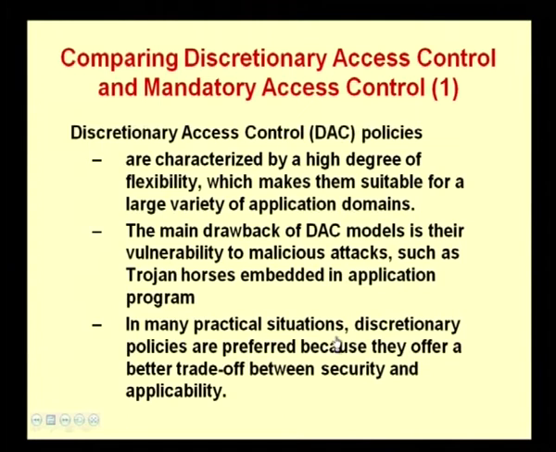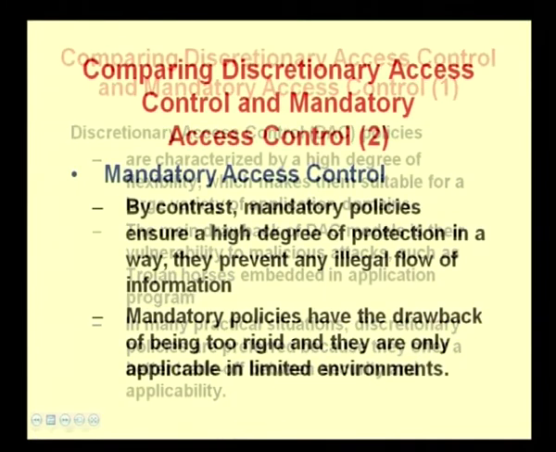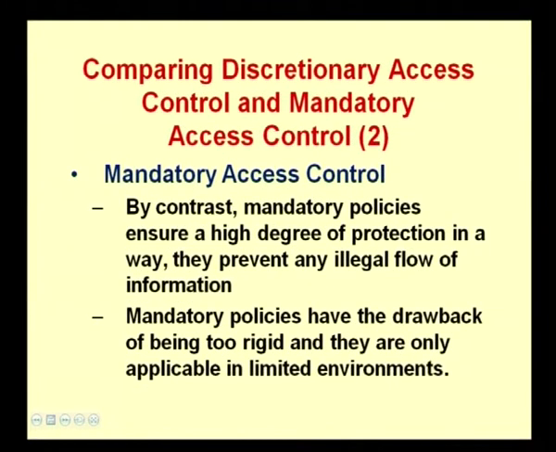In many practical situations, discretionary policies are preferred because they offer a better trade-off between security and applicability. Mandatory access control, by contrast, ensures a high degree of protection and prevents illegal flow of information. The drawbacks are that it is too rigid and is only applicable in limited environments.